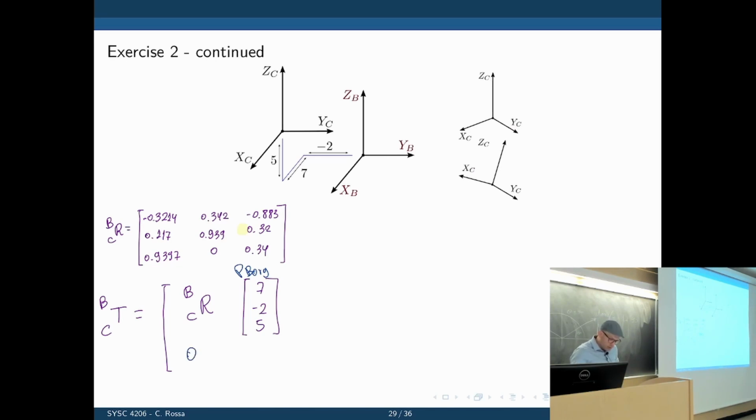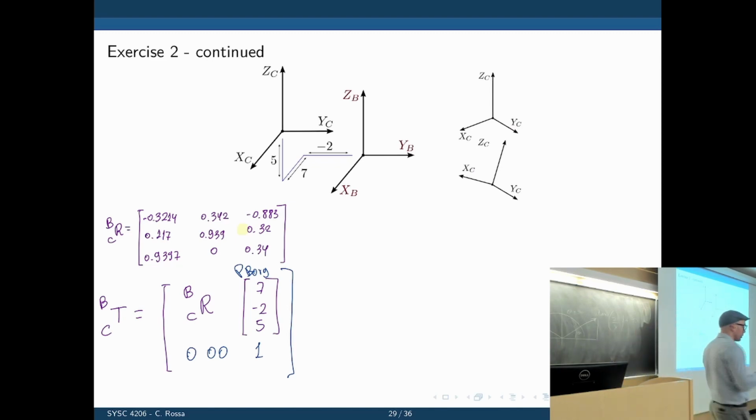So now we have to input 3 zeros that will make this part here 4 and then 1 under here. What's next? What is this matrix? This matrix is the homogeneous transformation from one frame to another.